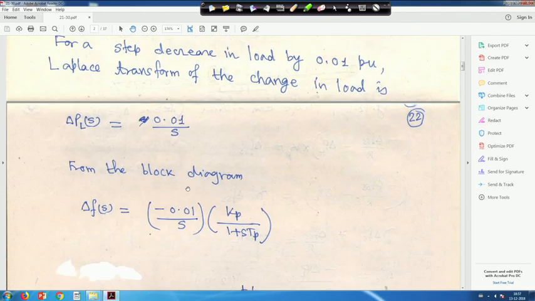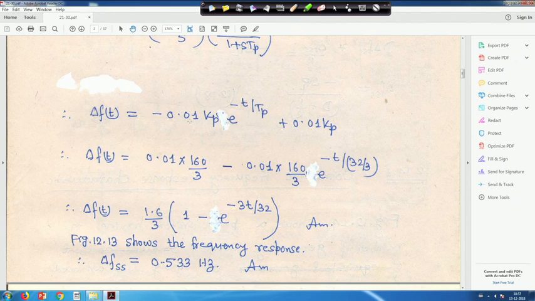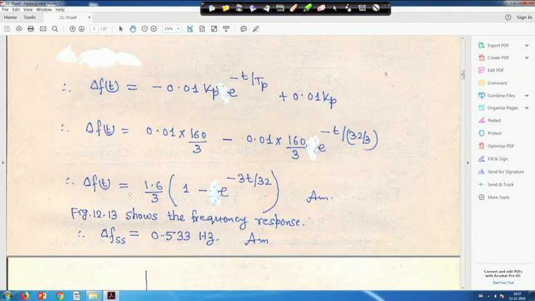Taking the inverse Laplace transform, it becomes minus 0.01 Kp e to the power minus t upon Tp plus 0.01 Kp, or delta F of t equals 1.6 upon 3 times 1 minus e to the power minus 3t upon 32.